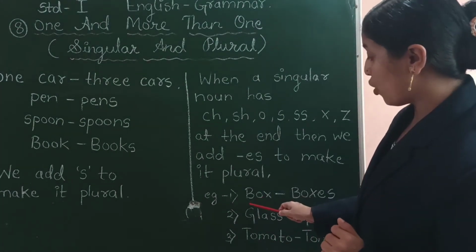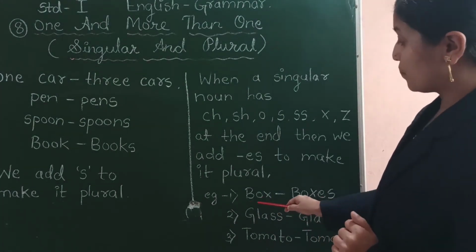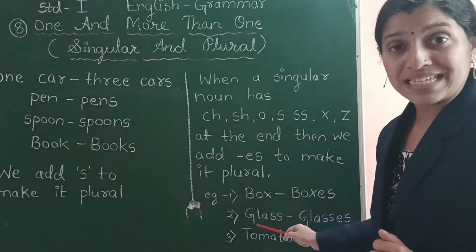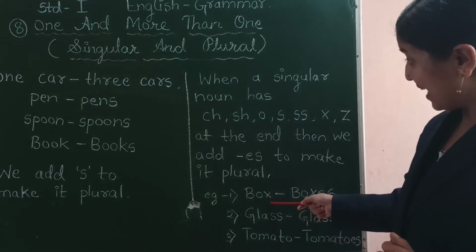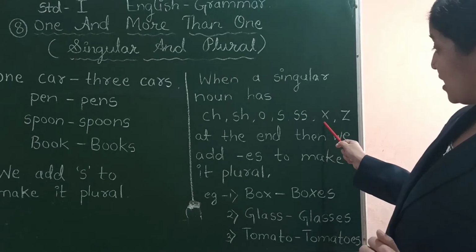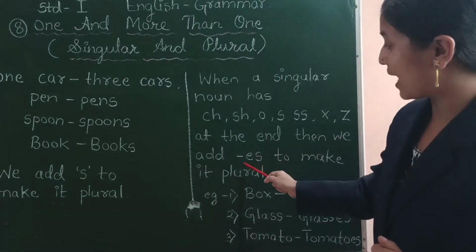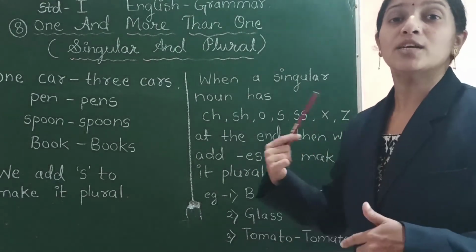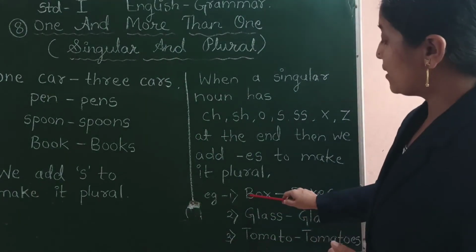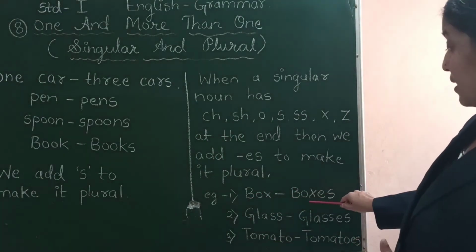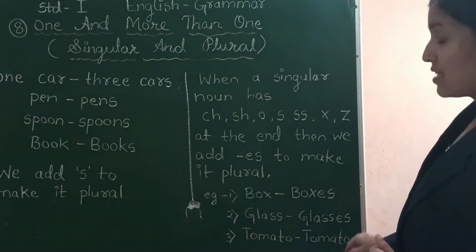For example, you can see box, B-O-X, box. So the word box has X at its end. And X, you can see here, if we have X, then we have to add ES to make it plural. So one box, more than one becomes boxes.